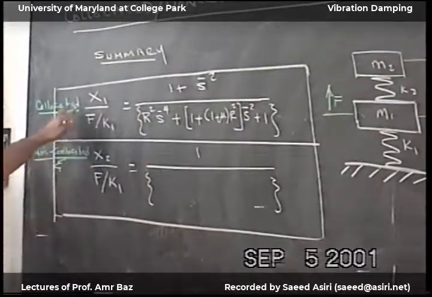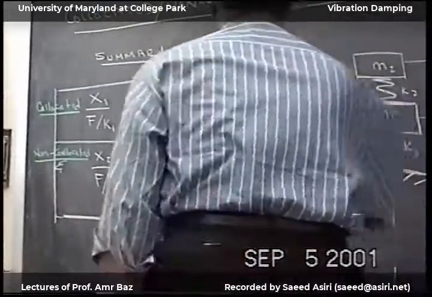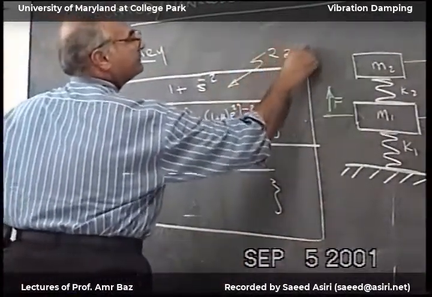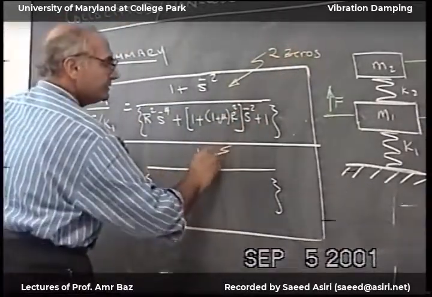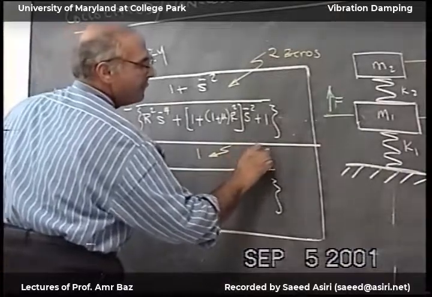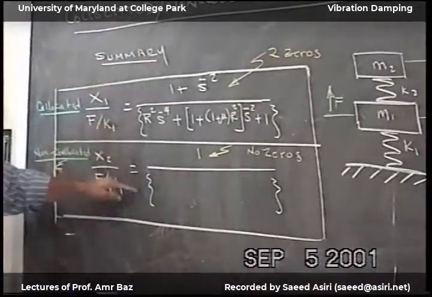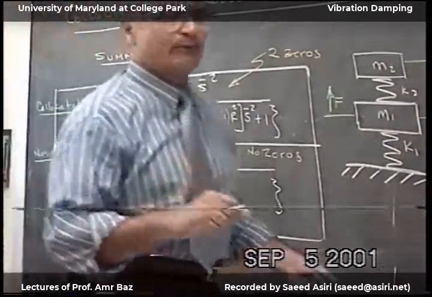For the collocated, we see that we have two zeros. And for this case, we have no zeros. And the transfer functions have the same denominator and they have the same poles.